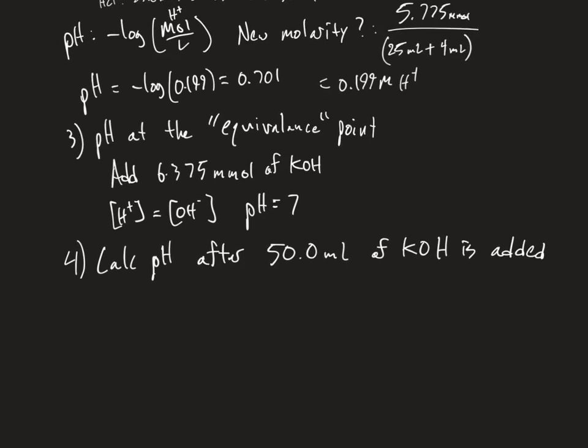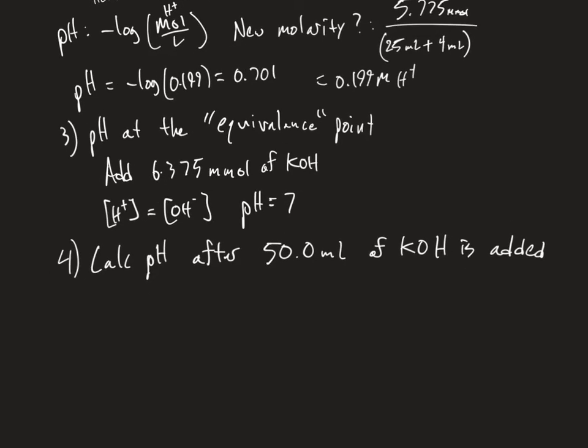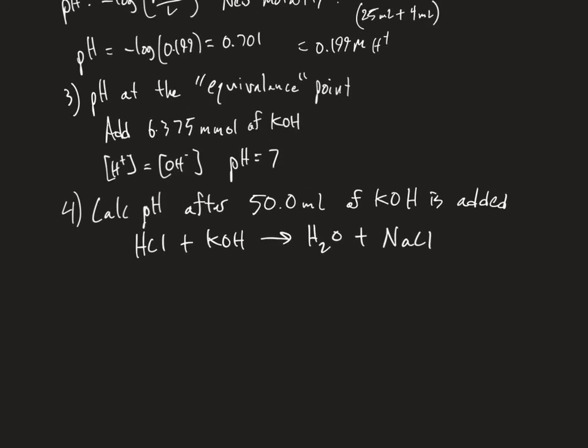So we need to figure out how much hydroxide is left over and how much acid is left over. So if we think back to our reaction, again, I don't really care about these products because they don't affect the pH. So I'm really only curious how much strong acid or strong base is left over to get my pH.